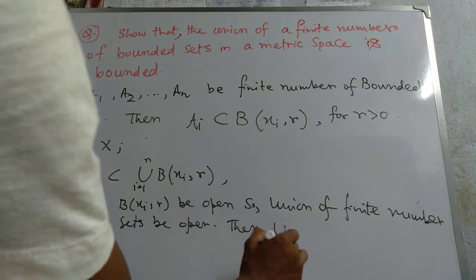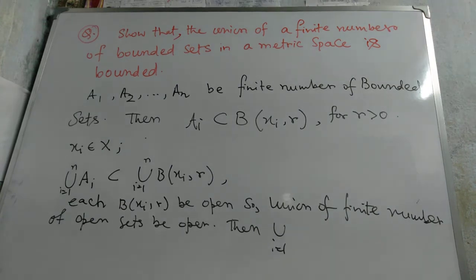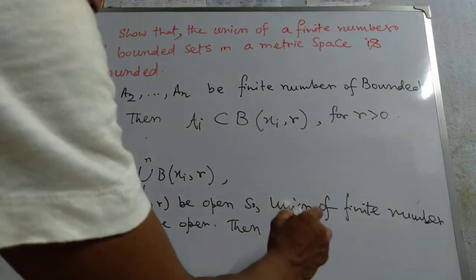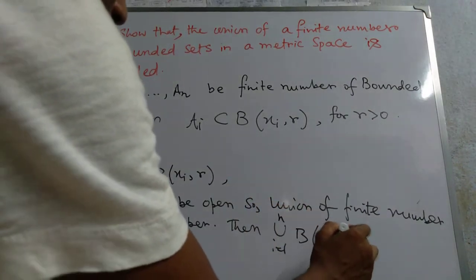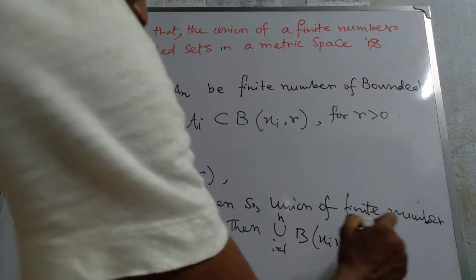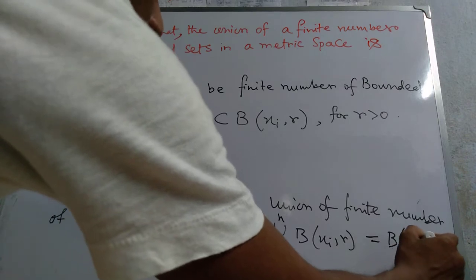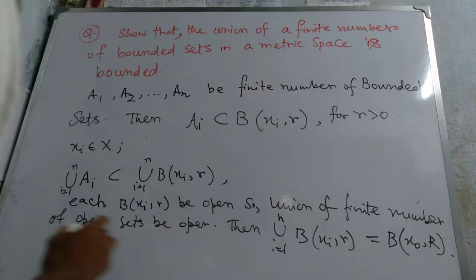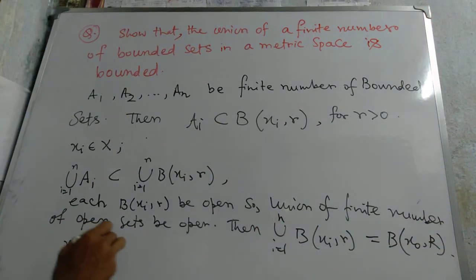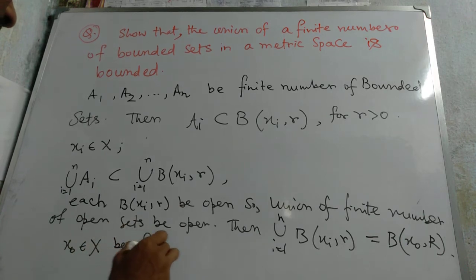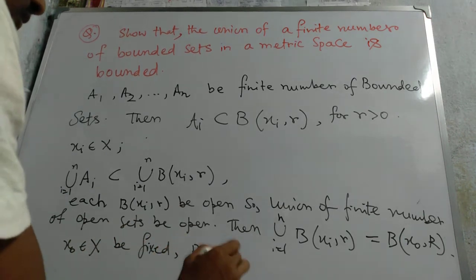Then the union of i equals 1 to n of B(xi, r) is obviously equal to B(x0, r), where x0 belongs to X is fixed and r greater than 0.